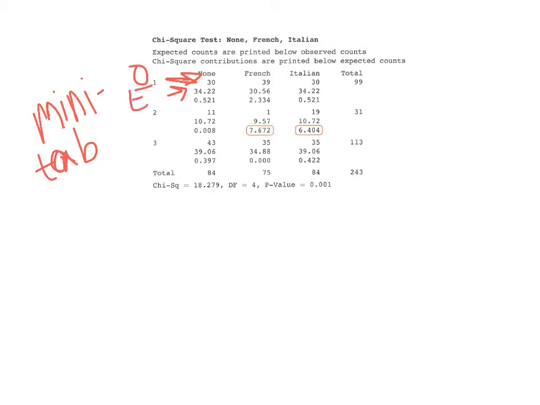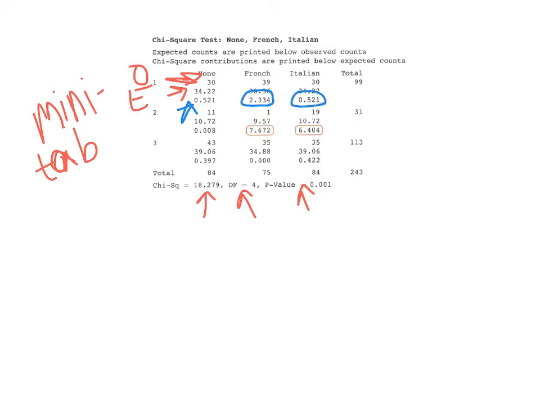Then I have my summary data down here: my chi-square statistic, my degrees of freedom, and my p-value. I also have each individual portion of the chi-square statistic, the observed minus expected squared divided by expected, in that very last row.